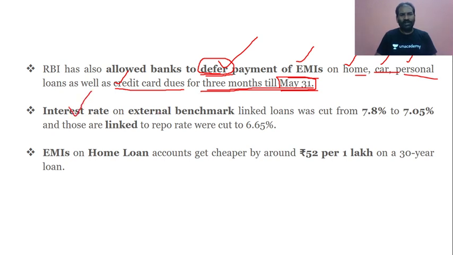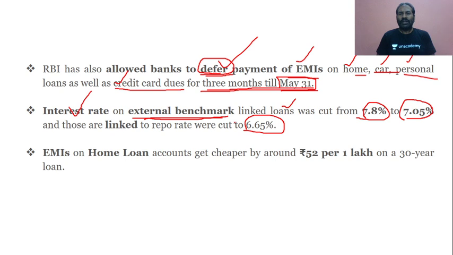And then interest rates on external benchmark-linked loans have been cut from 7.8 percent to 7.05 percent. That means a 0.75 percent reduction has been made to the interest rates on external benchmark-linked loans, and those linked to the repo rate, which was earlier 6.65.